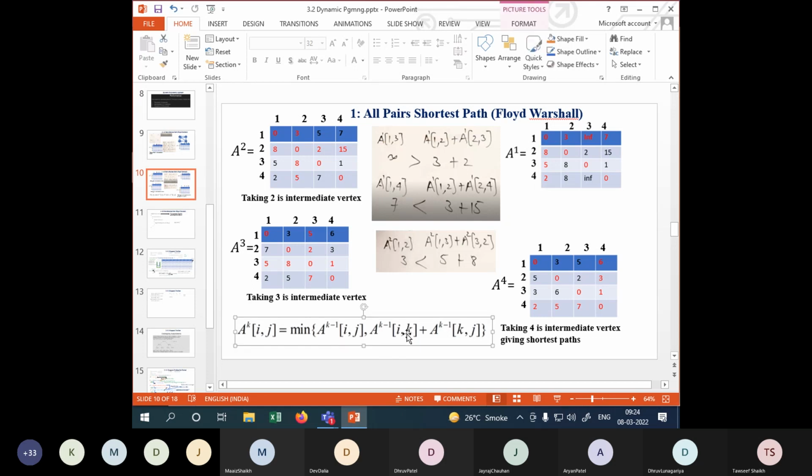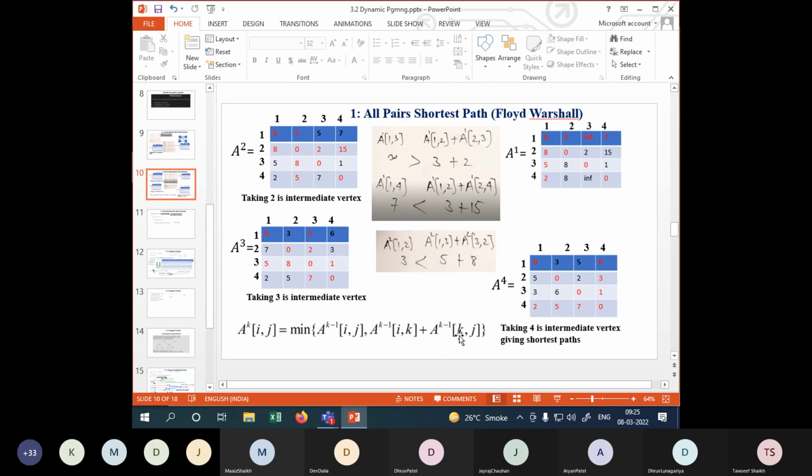but after incorporating another node in between, in the middle. It was i comma j, now we are taking it from i to k and k to j. So we were taking the values either from the previous matrices, in case there was no relaxation and the minimum value is already found, or from the previous matrices again by introducing another node, the k node.